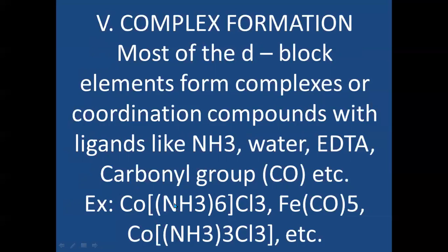We will discuss it later. First, how they are formed. When metal ions react with molecules like ammonia, water, EDTA, carbonyl group, or ions like F minus, Cl minus, CN minus, etc., they form a coordination compound or coordination ion, complex ion, where the metal atoms are called central metal atoms, like cobalt, ferrous, chromium, manganese, many are there.